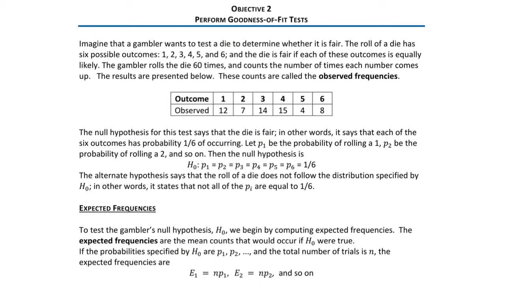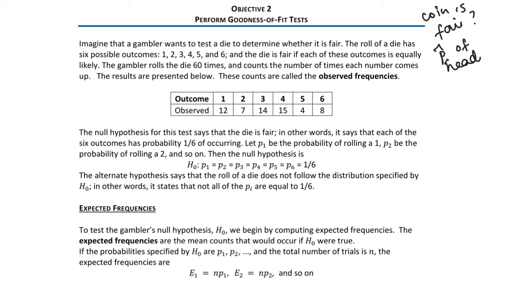Now let's look at how to perform the goodness of fit test. Imagine that you want to determine whether a coin is fair. You could toss the coin a number of times and compute the sample proportion p-hat of heads.